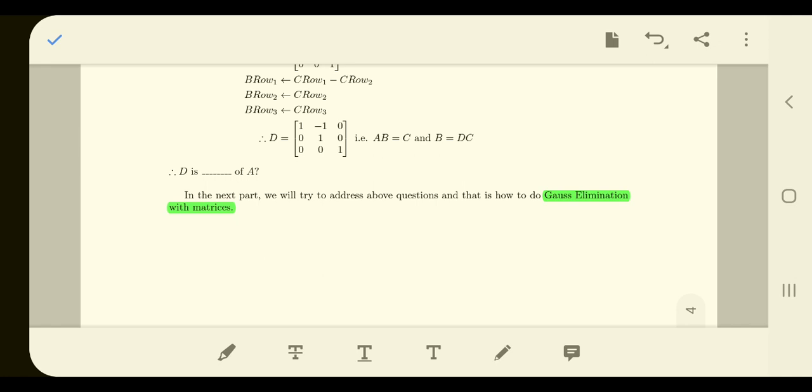So we will try to do the same thing in the next video, which will help you in executing the Gauss elimination process with matrices, and that will be a great thing to understand.